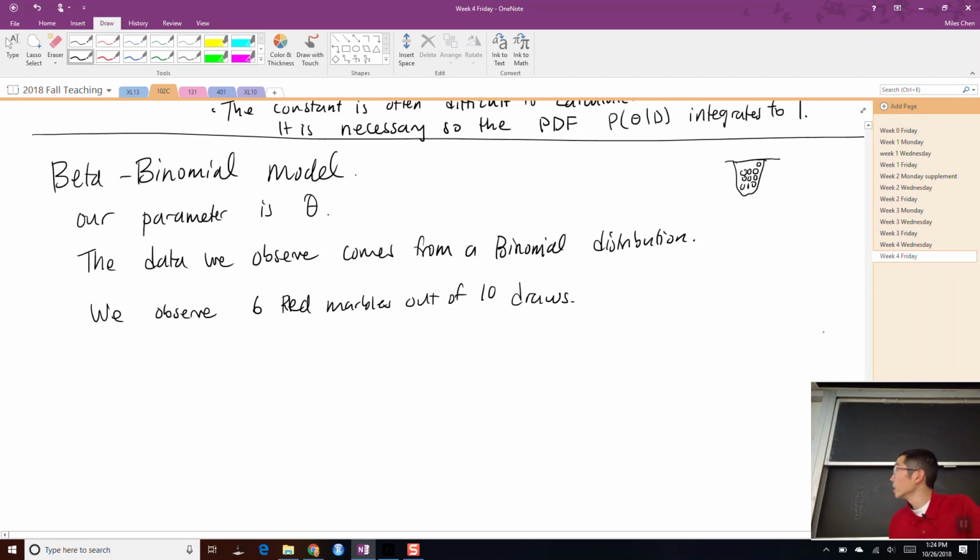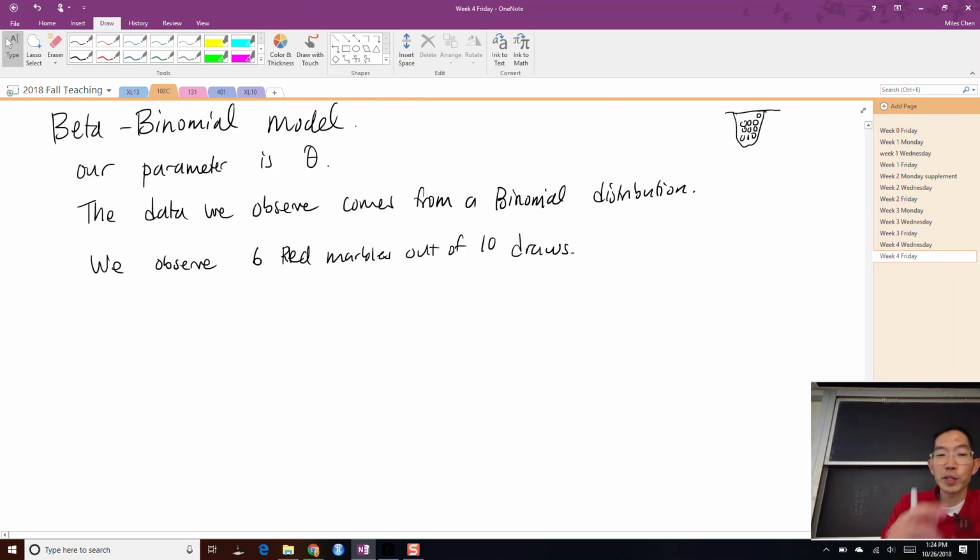We don't know how many are red. So we did 10 draws with replacement, and we get 6 red marbles. Unknown number of marbles, unknown proportion red, but we're only trying to get the proportion red.